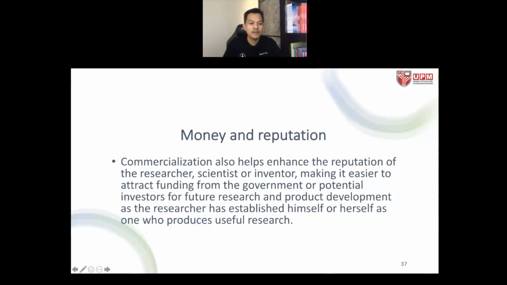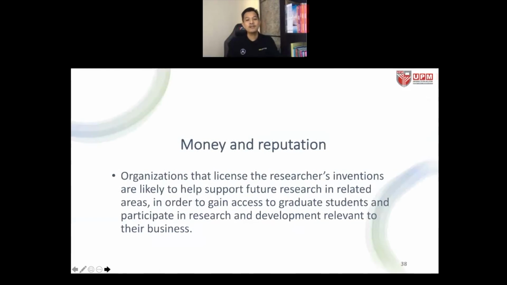Potential investors for future research and product development see that the researcher has established himself or herself as one who produces useful research. Okay, organizations that license the researchers' inventions are likely to help support future research.